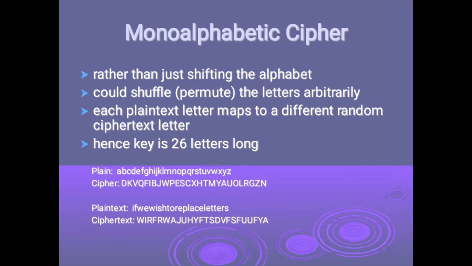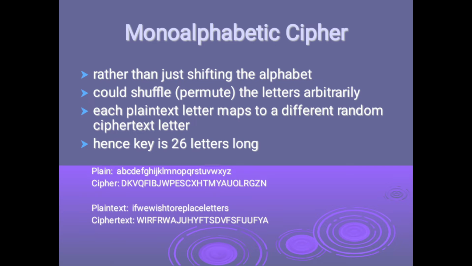If our plain text is given as A to Z, the ciphertext is given by replacement. If we wish to replace the letters, what do we have to do? What is the ciphertext for I? You have to find it and replace with that. For A it is D, B is K, C is V, D is Q, like that.